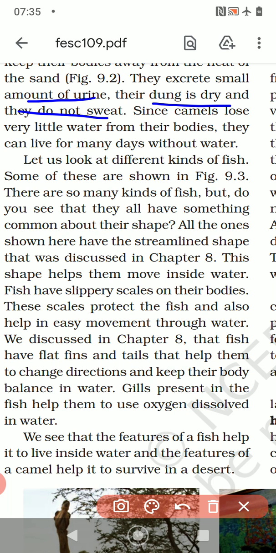Since camels lose very little water from their bodies, they can live for many days without water. This is one more very important point, so this will be your third point. Since camels need very little water, they can survive for many days without water, right?